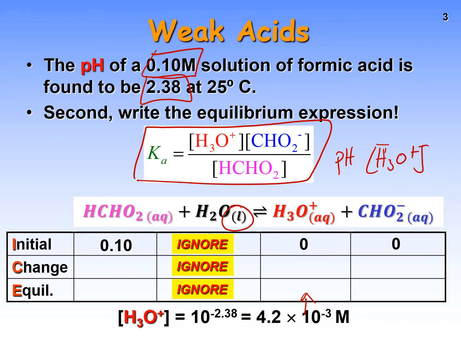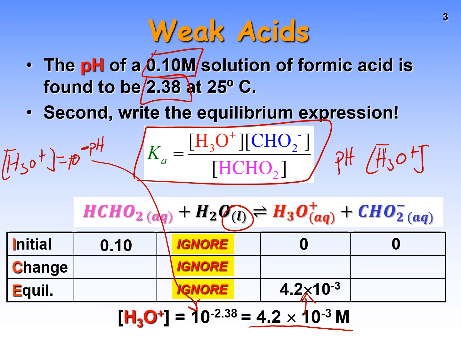Specifically, the H3O plus concentration in a solution is equal to 10 to the negative pH. So if I plug that in, 10 to the negative 2.3, I get my equilibrium concentration of H3O plus, which means I can fill that value into my ice table.